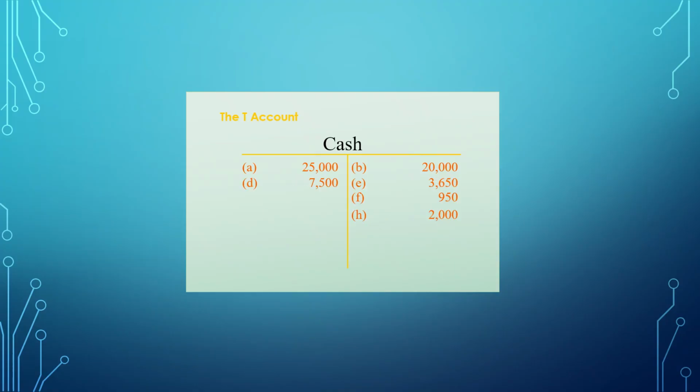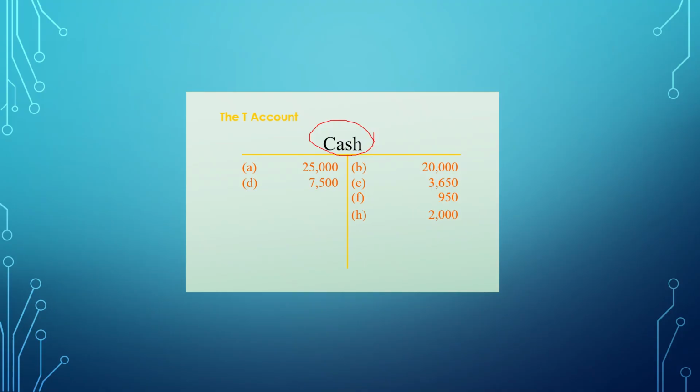So remembering the transactions of Net Solutions, to record transactions related to cash in a T account, we write on top of the letter T the account title, cash. Then on the left side, all transactions that increase cash. If you remember our rules on debit and credit, cash being an asset will increase on the debit side.